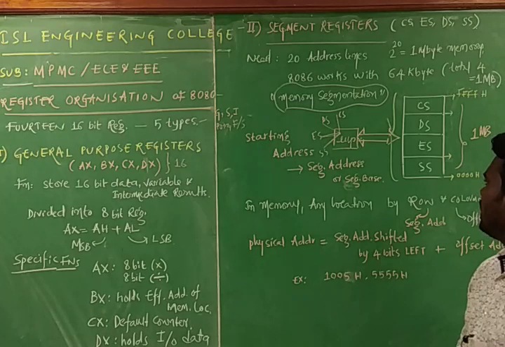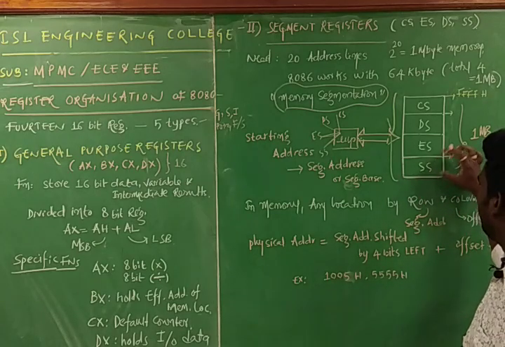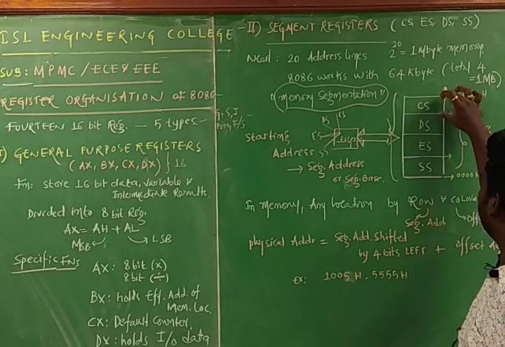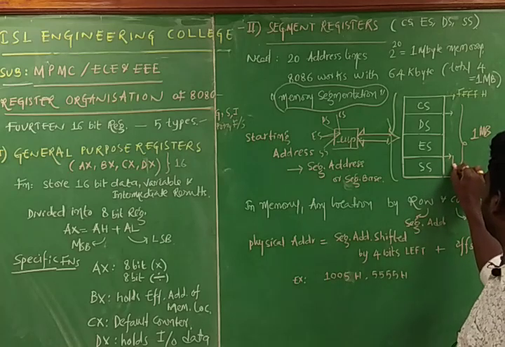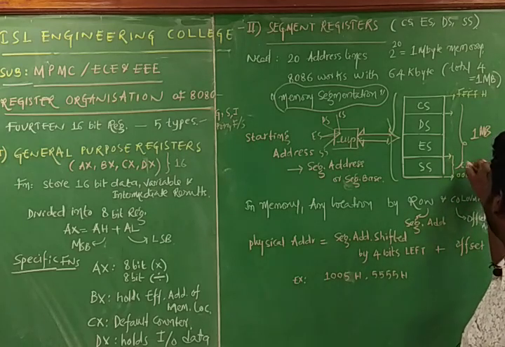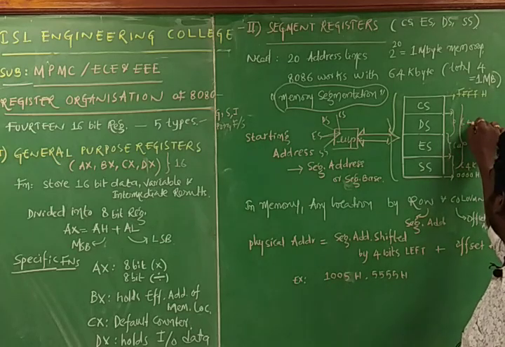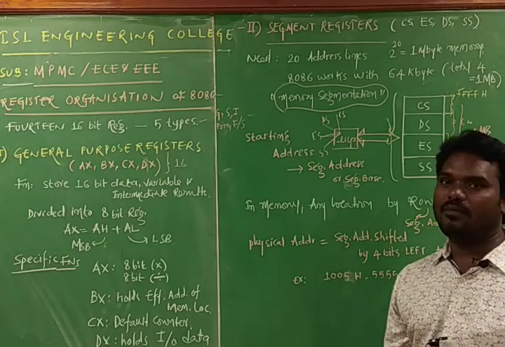That means here is the stack segment, here the extra segment, here the data segment, and here the code segment. Each segment is 64 kilobytes, and totally it is 1 megabyte of memory.